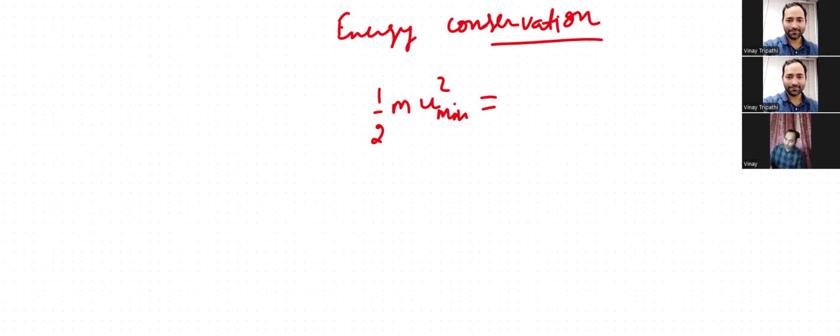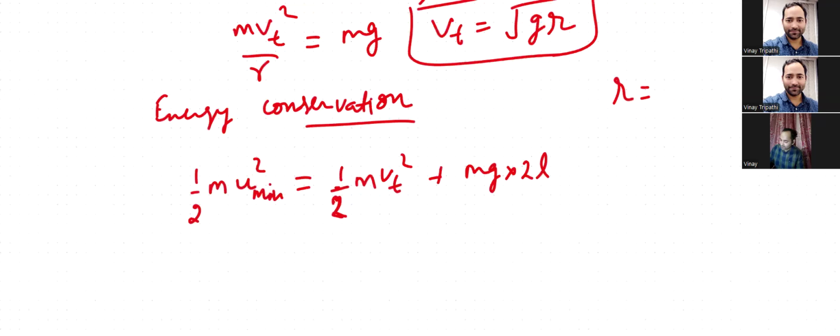So at the highest point, what will happen? Okay, I have to finish this soon. I'm recording it with Zoom and I only have 10 minutes. Half m v top square, plus mg into 2h, and 2h is 2l. By the way, I have used r, so I'm going to use r. R is basically L, the length of that rod.